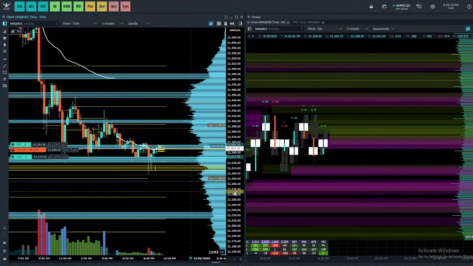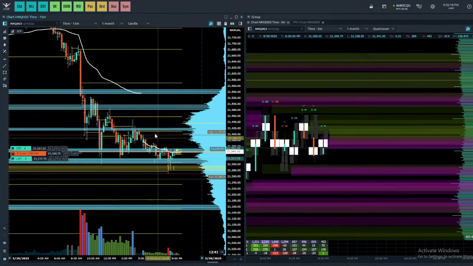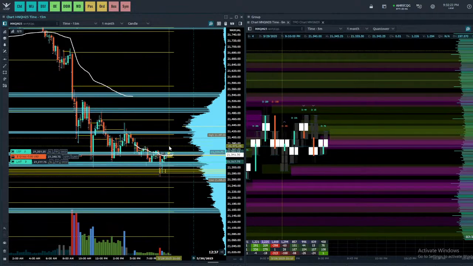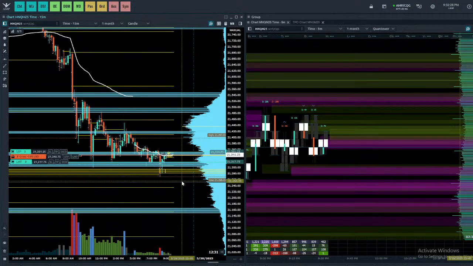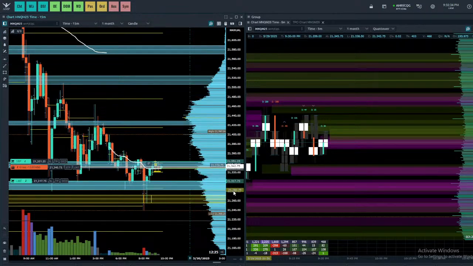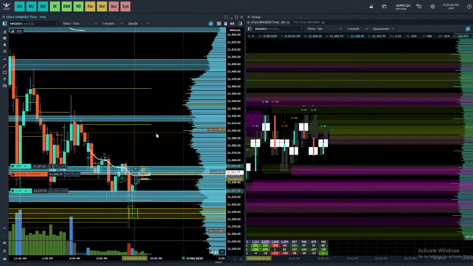So I was like, okay, at the bigger picture, we're still in this downtrend. Technically, we never made a higher high. No, I'm saying higher high. We never broke structure.